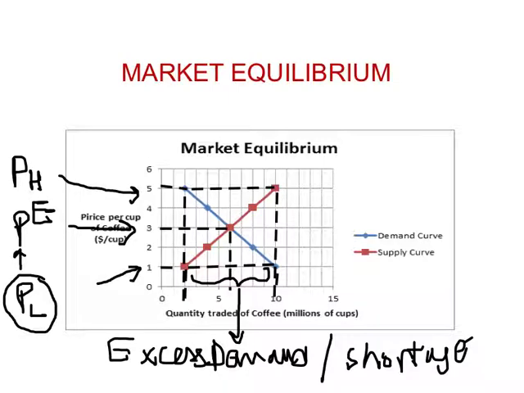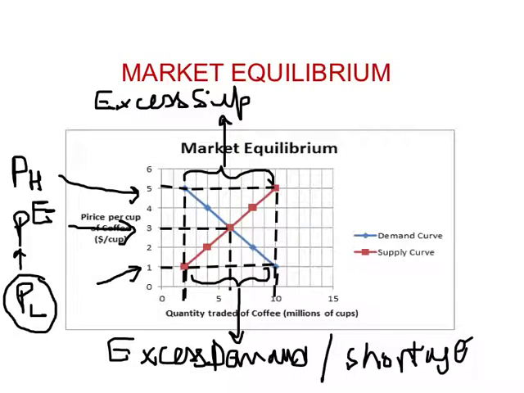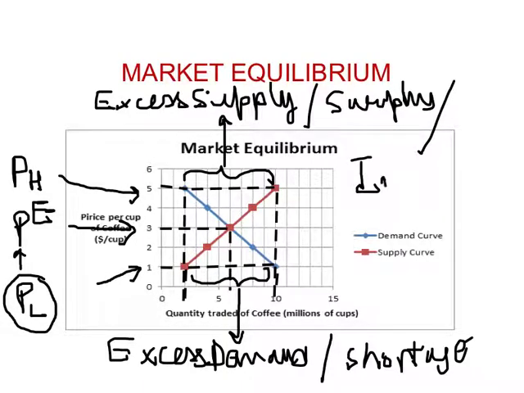Or in other words, quantity supplied is 10 and quantity demanded is 2 million cups. Or in other words, this difference between supply and demand is a situation of excess supply. Why? Because supply is greater than demand. And this situation is also called a situation of surplus production, or this is also called a situation of inventory buildup.